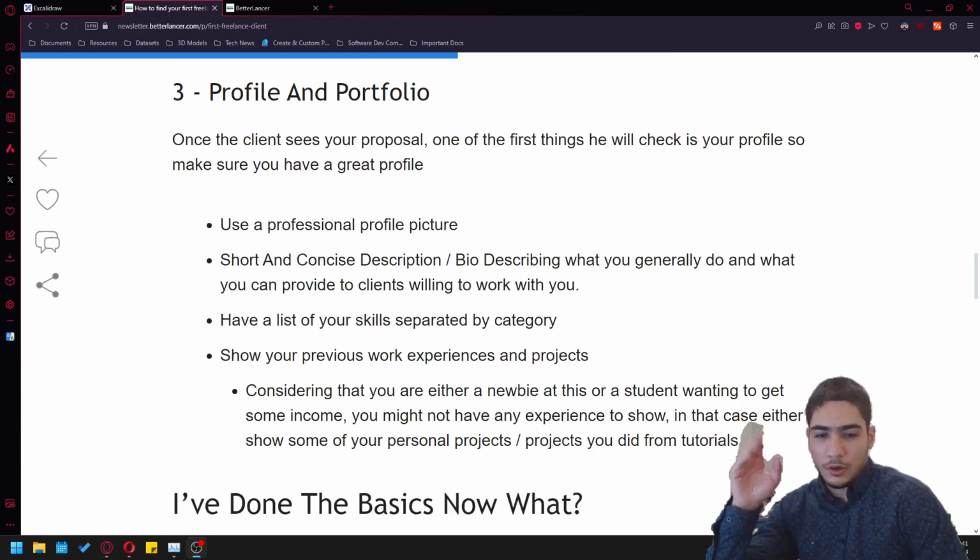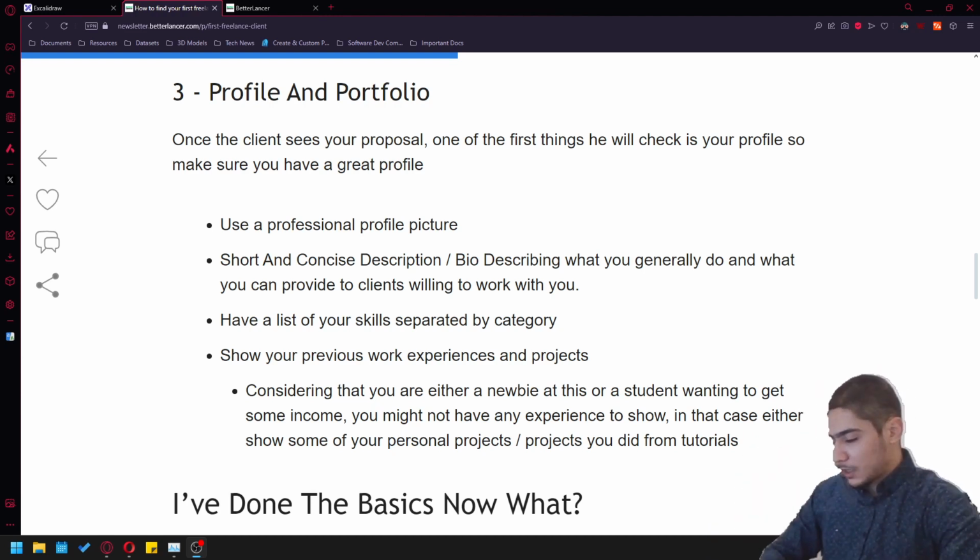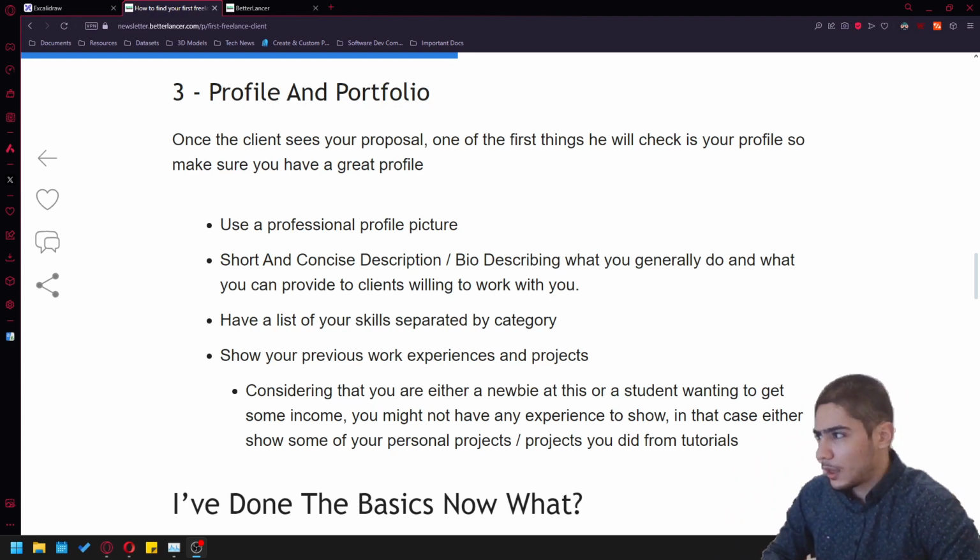The final building block is the profile. So the profile is quite something that a lot of people get wrong. It's super simple, but a lot of people get it wrong. Basically, you need to have a professional picture because, for example, in Upwork, what the client sees is your picture, your title, your name, and the start of your profile description, or the start of your proposal.